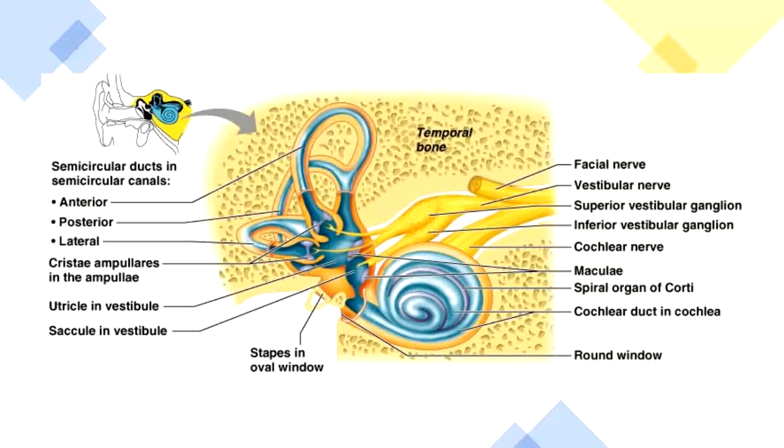There are three little bones in the outer ear. Okay, the malleus, the stapes. I believe. Let me double check.